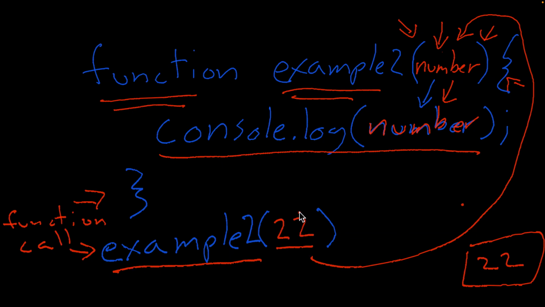We can call our function multiple times and give it different values. So let's say we call it with, we say example 2, and this time we call it with the number 13.